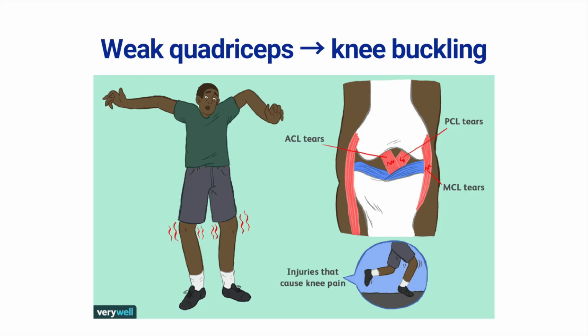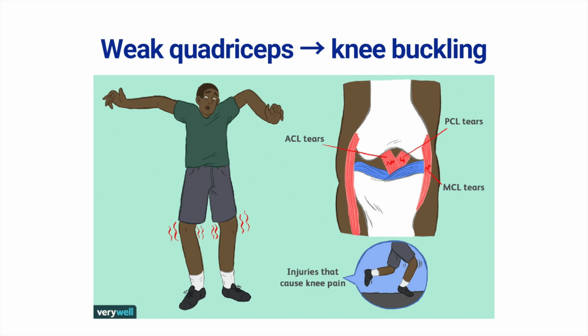Okay, individuals with knee buckling often feel unstable. They may be at high risk of falling, of course. Neurologically, weak quadriceps and knee buckling are commonly seen in conditions such as stroke, SCI, femoral nerve injury, traumatic brain injury, and multiple sclerosis.